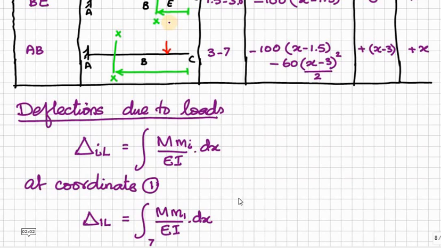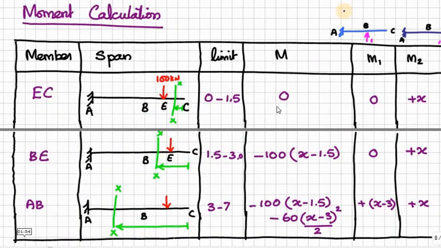Therefore in the table we have to search wherever both values are non-zero; only those sections will come into the integral expression. So here for member EC both values are 0. Therefore this span will not come in the expression. And for B, m1 is 0.